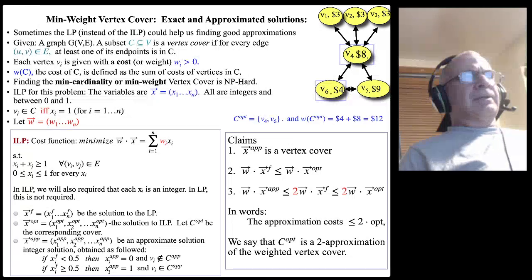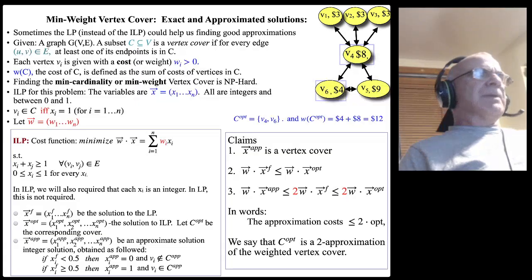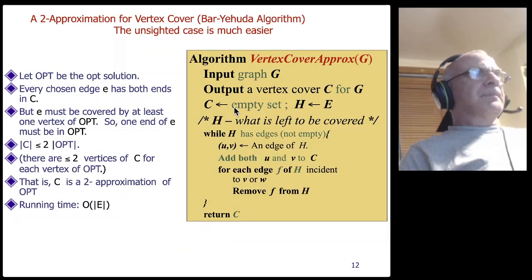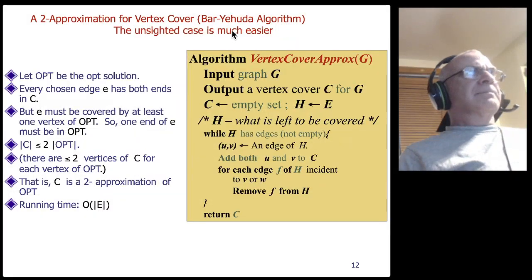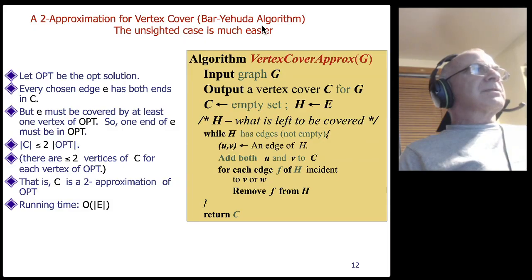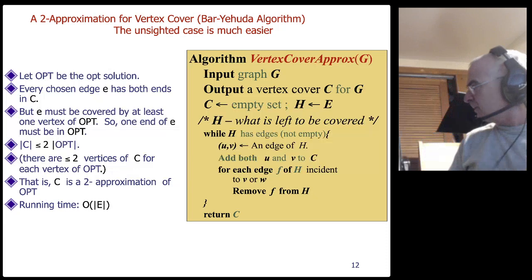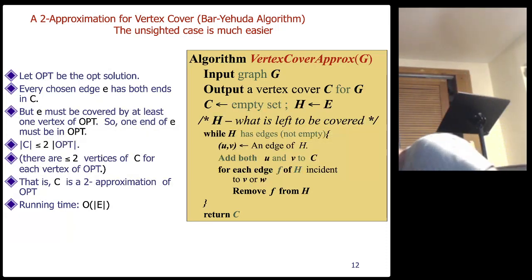Let's see if there is a really simple solution that will give us the same guarantee on the approximation. And indeed, here is Bar Yehuda's algorithm that suggests a factor 2 approximation. It is an approximation with the same level of quality, but with much smaller effort.